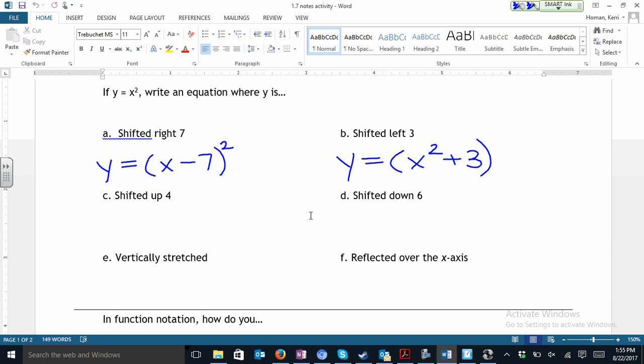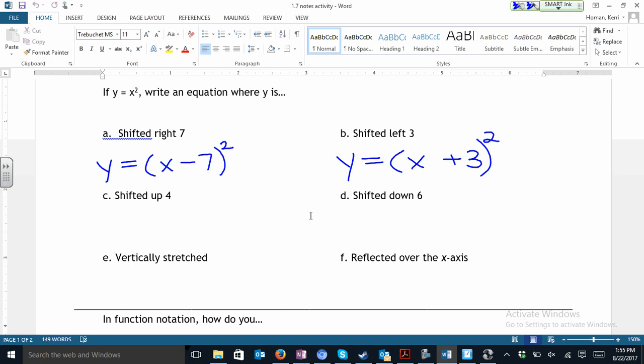The square on the outside of the parentheses is right. Okay, I like that better. The square actually needs to go on the outside because if we want something to affect our graph horizontally, it needs to be inside the function itself.